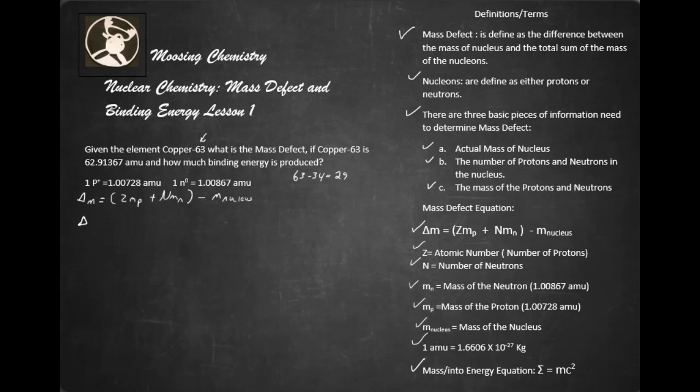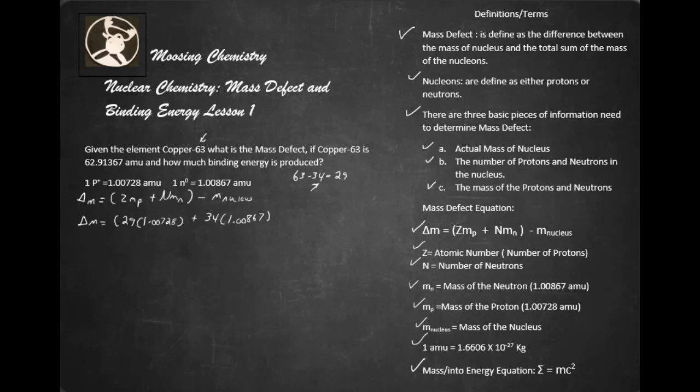So I go delta M equals the number of protons, which was 29, times the mass of the protons, so we got 1.00728, plus the number of neutrons. Well, we knew that was 34, right? 34 times the mass of the neutron, 1.00867.